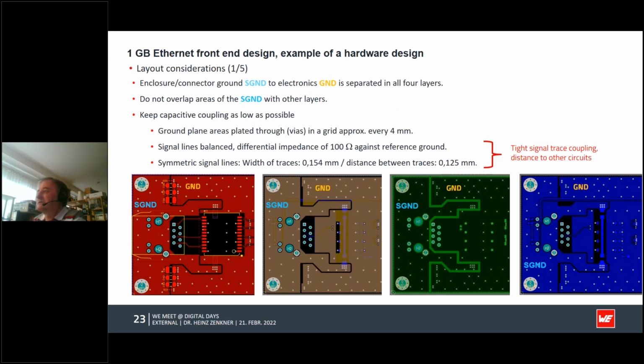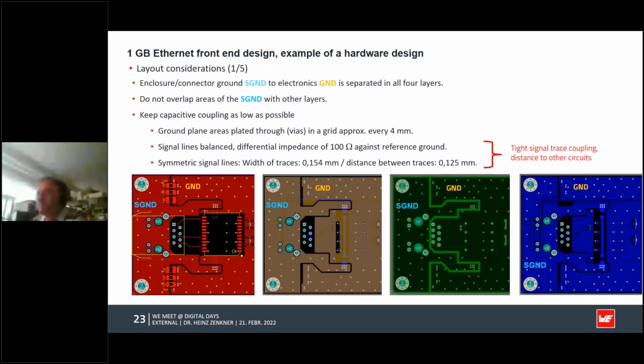You see a very tight signal trace coupling between the traces themselves, and sufficient distance to the shield ground so that you don't have any coupling. This is essential for proper functionality, especially on the shield ground side.